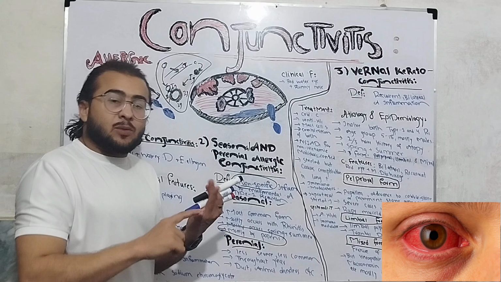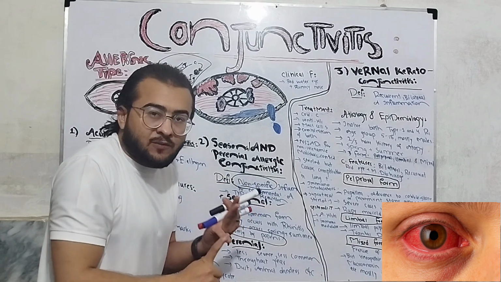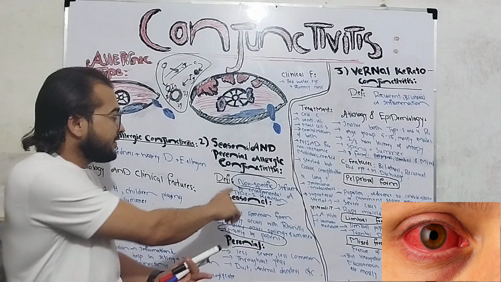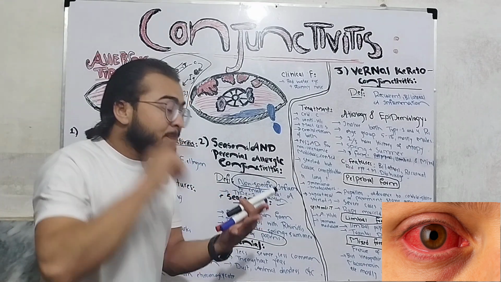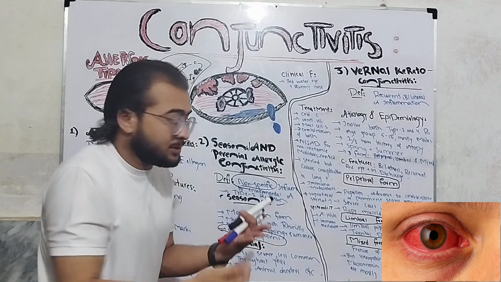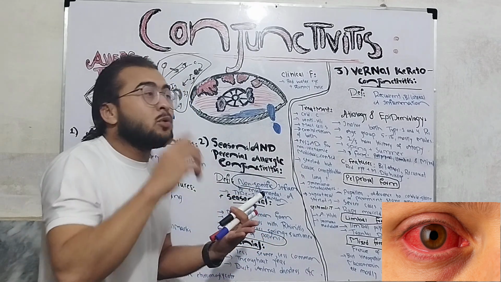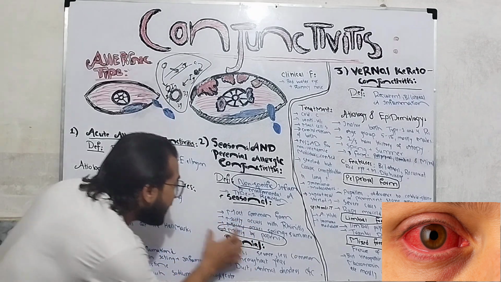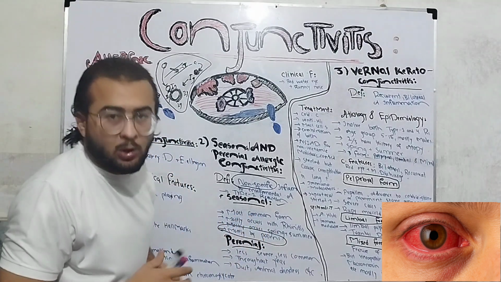Seasonal allergic conjunctivitis is the most common form of ocular allergies, of all the ocular allergies. It is most commonly associated with runny nose, rhinitis, and it also occurs most commonly in the spring and summer. The allergens in this case are mostly pollens.